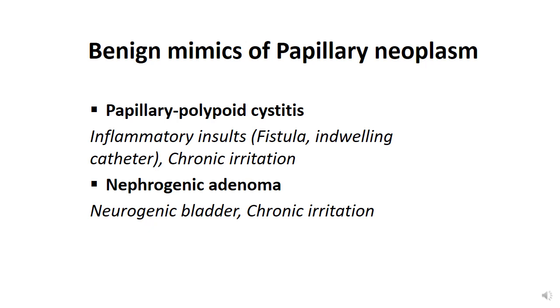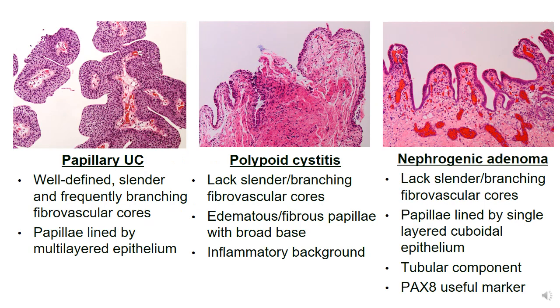It is typically seen in the setting of neurogenic bladder and a variety of other chronic irritative conditions, inflammation, long-standing catheterization, history of tumors. All of these different things can give rise to these two pseudotumors. So now let's try to understand how you can distinguish true neoplasm from these pseudotumors.